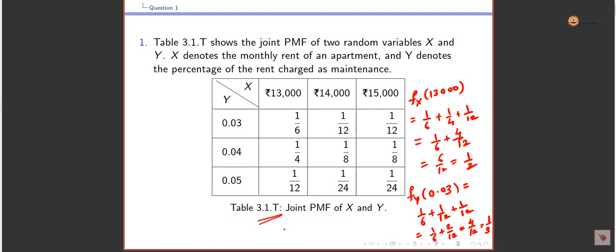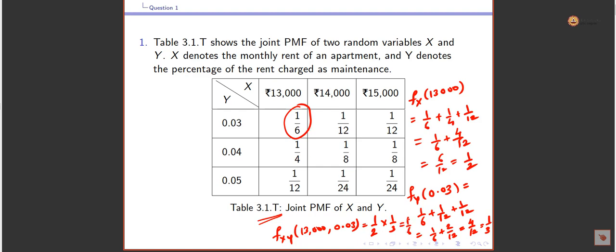So are x and y independent? To find out, take f_XY of 13,000 and 0.03, which is 1 by 6. Now multiply the marginal probabilities: 1 by 2 into 1 by 3, which is 1 by 6.